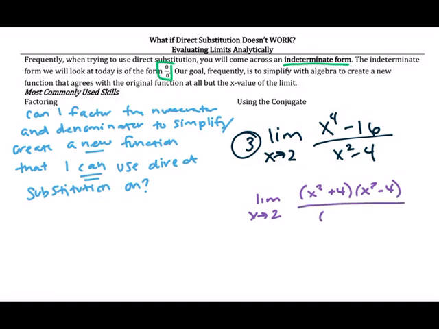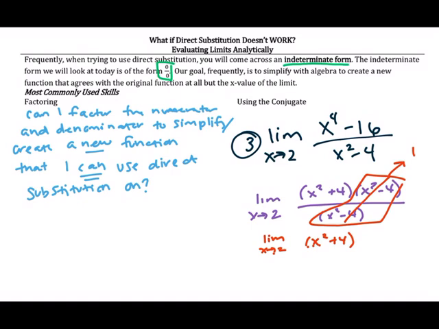And the denominator, I could factor, but I actually can see already that if I don't factor it, I now have a piece of this that could divide out to be 1, because anything divided by itself is 1. So if I factored and divided this out, I would have a new limit where I'm now just looking at x squared plus 4. And I can use direct substitution here.